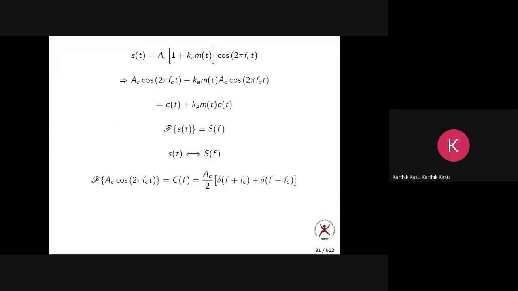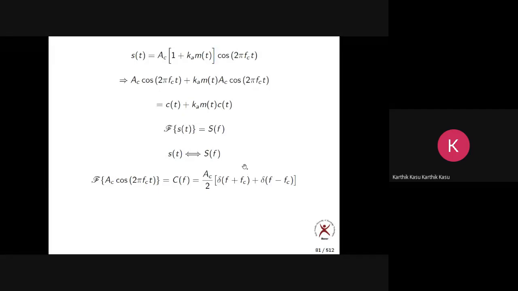At fc and at minus fc, with amplitude Ac/2. So if you draw the spectrum, you have an impulse at fc and another impulse at minus fc.